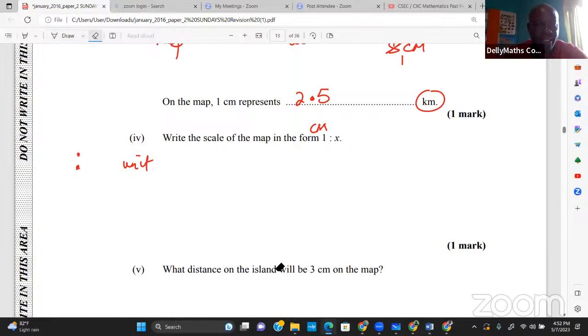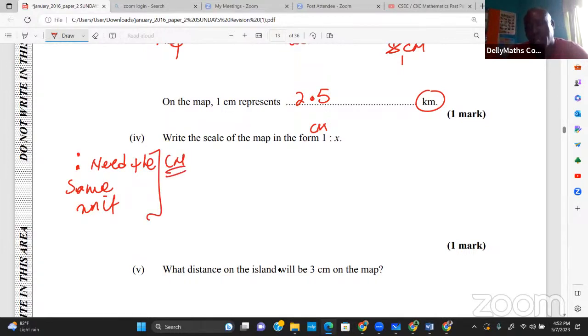So the colon, we need the same unit. And in this case, we have to put everything in centimeters. Now, this is 1 centimeter, which is the same 1 centimeter here. So I'm almost there. I want to just convert 2.5 kilometers. Think about it. 100,000 centimeters gives you 1 kilometer.